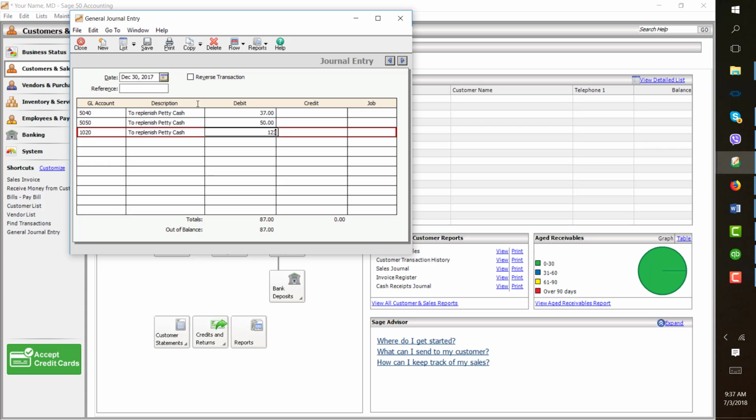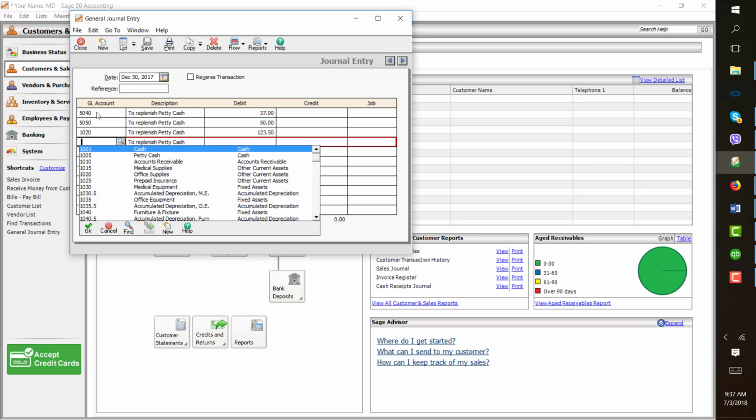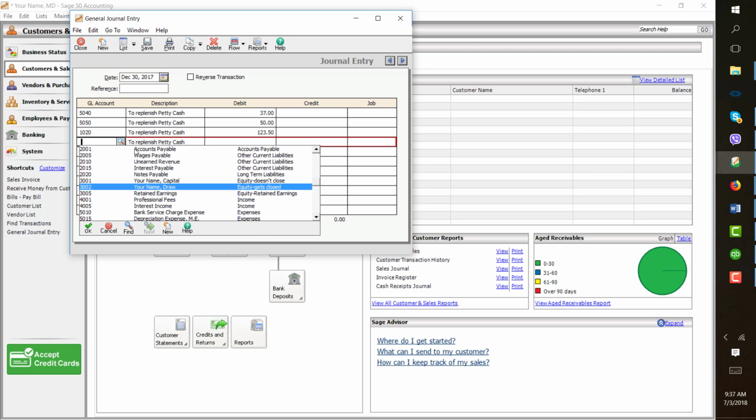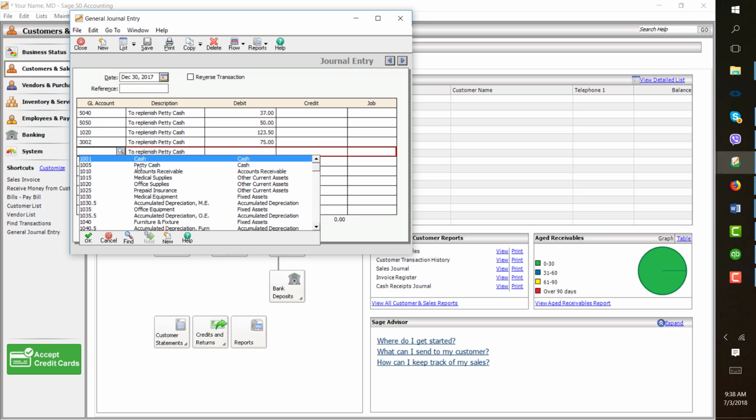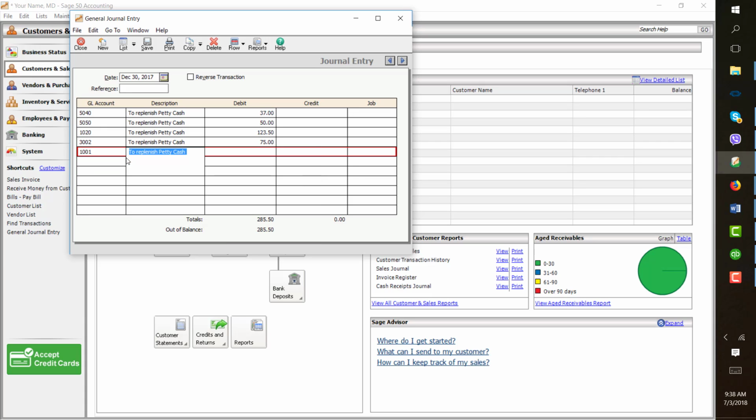And finally, you have the last voucher representing the owner's personal use, and that will represent your owner's draw account, and that would represent the $75 debit to that account. The total of all these debits is the exact amount of the check you need to replenish petty cash, which will be a credit to the cash account. Remember, not petty cash, but to the general cash account. You want to save this to complete the posting process.